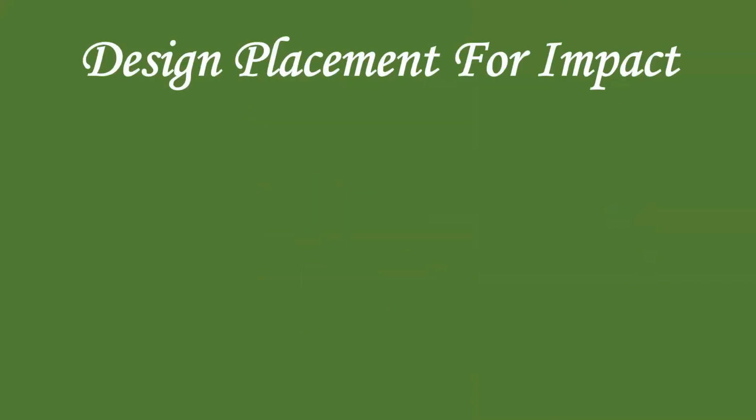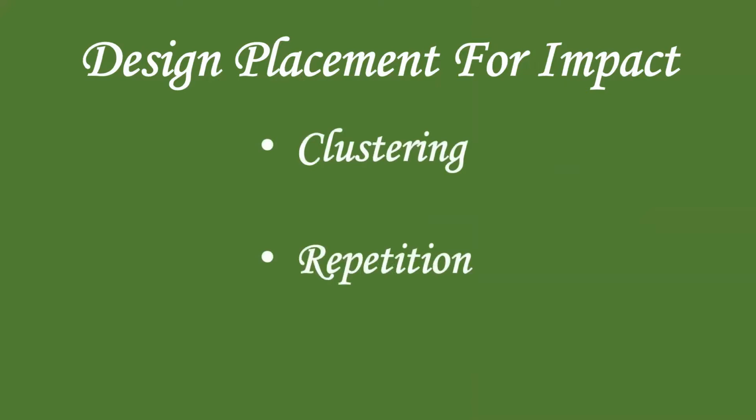The first thing you want to do before you decide on any plants is placement, and how you're going to get your biggest impact from that. These are a couple of the things I use: clustering, repetition, and focal point. So let's look at what clustering can do for you.